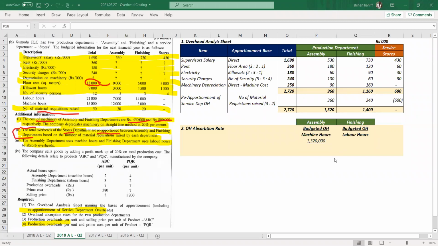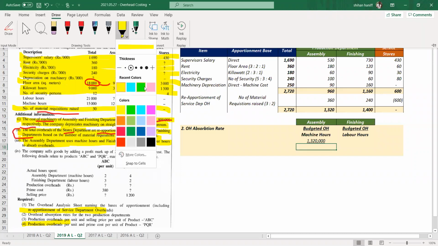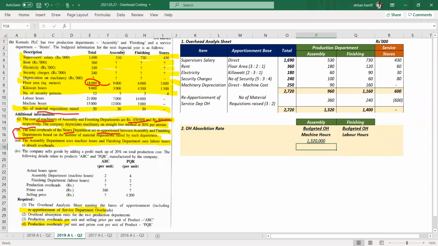What is the machine hours? Assembly department machine hours 12,000. Finishing department, we have to take the labor hours. So this is 12,000, and 1.4 million divided by 14,000 is the labor hours.